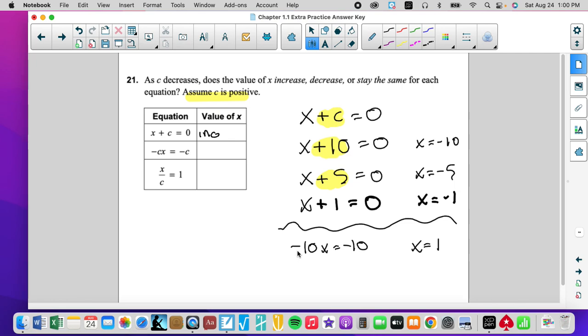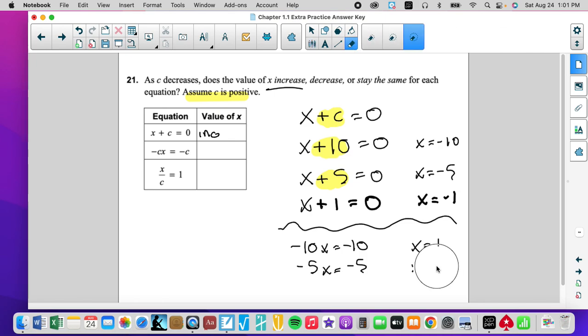Let's increase my x value. So, as c decreases, let's do 5. C is going from 10 to 5, even though that's negative. So x needs to be 1.